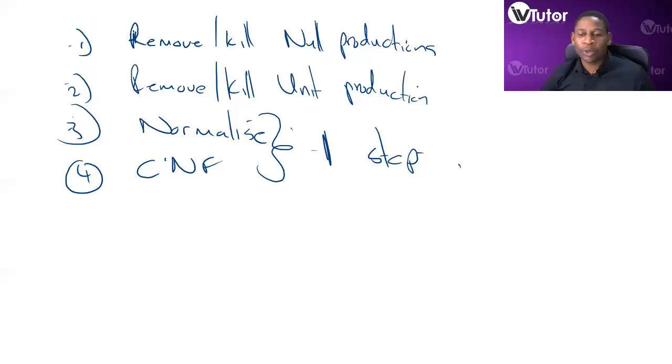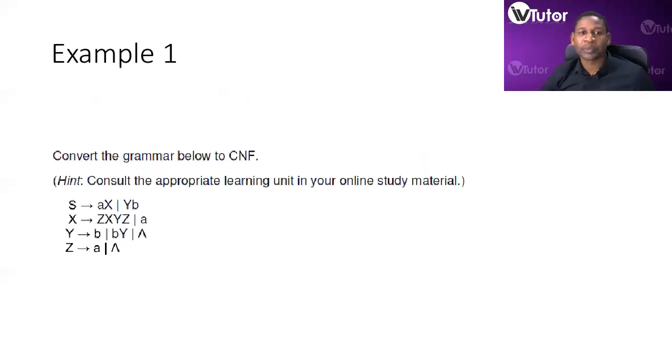All right, for us to do that, we're going to use an example. We're given a grammar and we're supposed to convert it into Chomsky normal form. What you notice here is that there are words that can be formed.